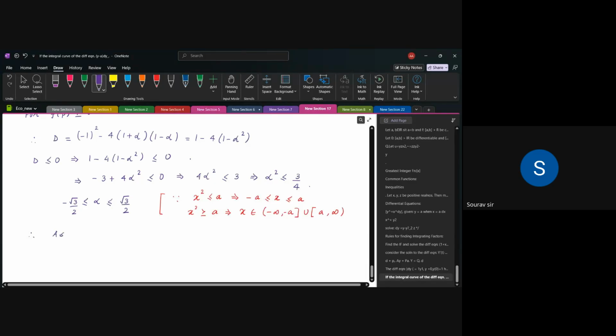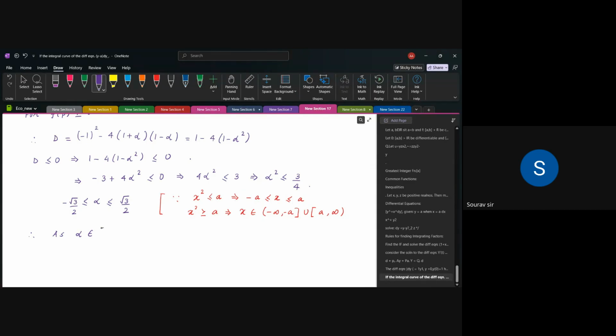And as it is given in the question that the range on which we want to find out the value of alpha is 0 to 1, that means what will be your required range of alpha? Closed interval 0 to root 3 by 2.